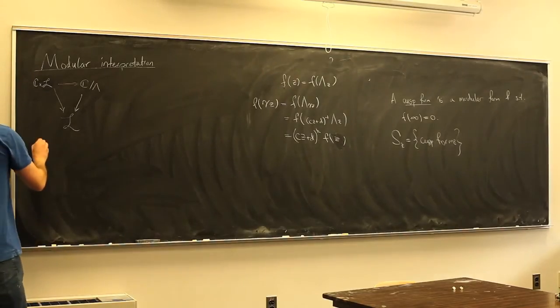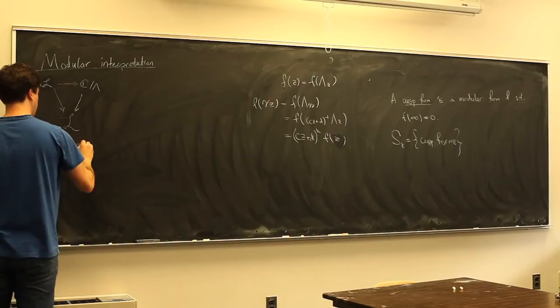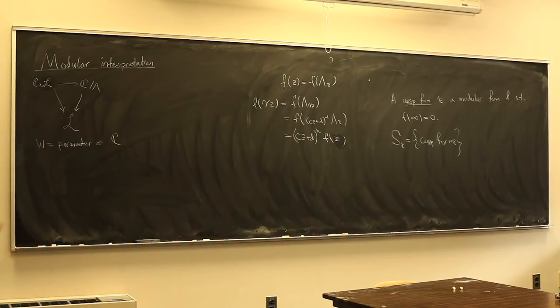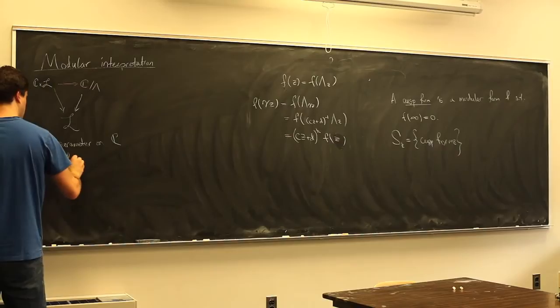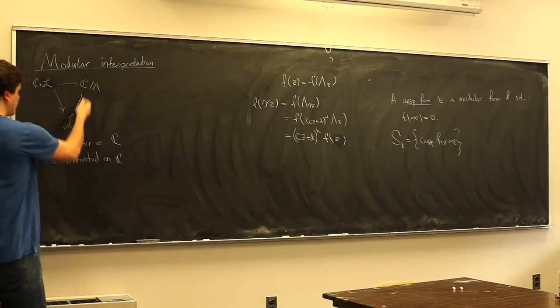And so I'm going to let w be just a parameter on this C. This is the identity map from C to C. So we get this differential dw, and it descends down to the quotient.